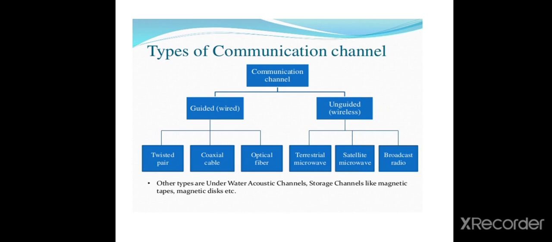In wired communication channels, the types are twisted pair, coaxial cable, and optical cable. In wireless communication channels, they are terrestrial microwave, satellite microwave, and broadcast radio.